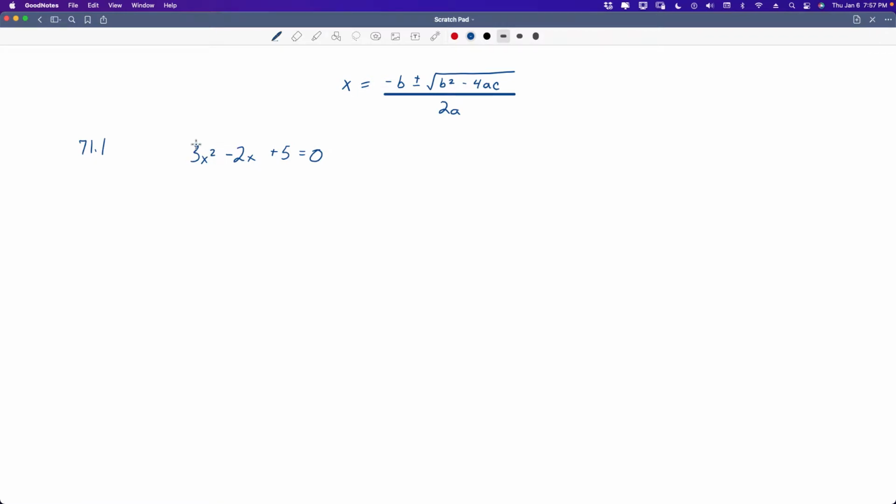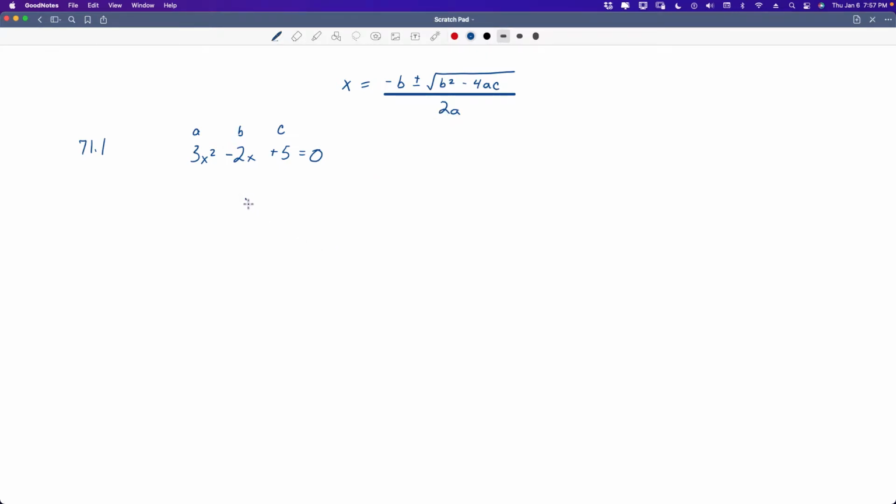And then all you do is you just write this little letter. You know that this is A, this is B, and this is C. And whatever sign it has in front of it, that is the sign for that value. So then all you're going to do is drop these values into this formula. And it's always this formula. It never changes.